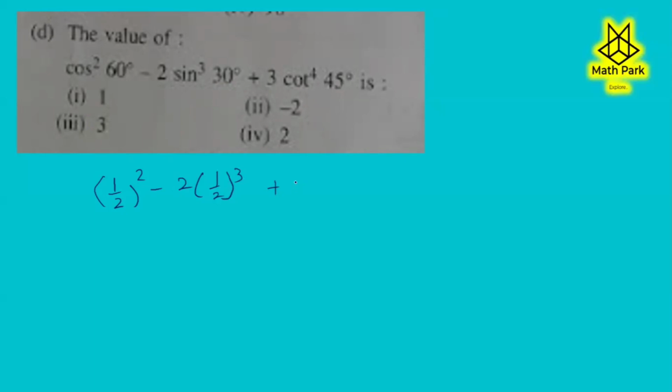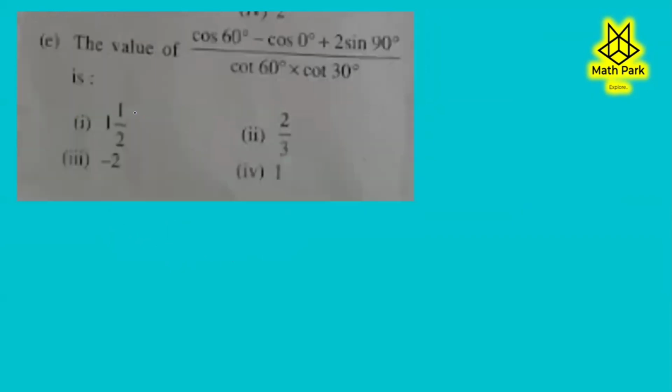Cot 45 is 1, so 3 times 1 is 3. Half square is 1 by 4, minus 2 times 1 upon 2 cube, which is 8, plus 3. So 2 ones are 2 and 2 fours are 8. So we have 1 by 4 minus 1 by 4, which becomes 0. So 3 is the correct answer.